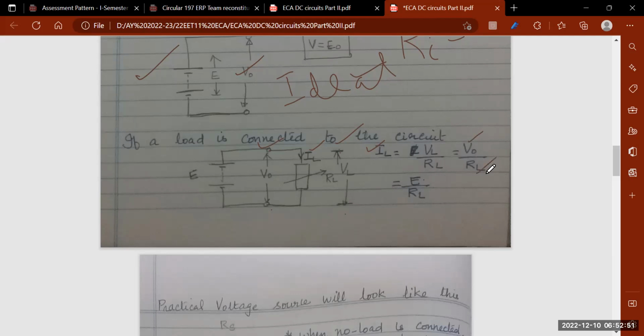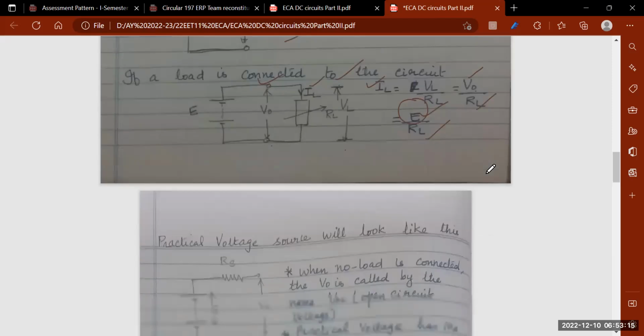For an ideal source, V0 equals E, so IL is given by E by RL. Whatever the connected load or the current taken by the load, the voltage E remains constant.